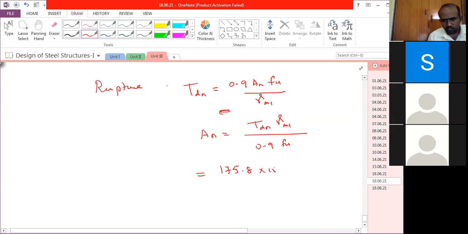175.8 into 10 raised to 3, into gamma M1, which is 1.25, divided by 0.9 into FU, which is 410. How much AN is required?